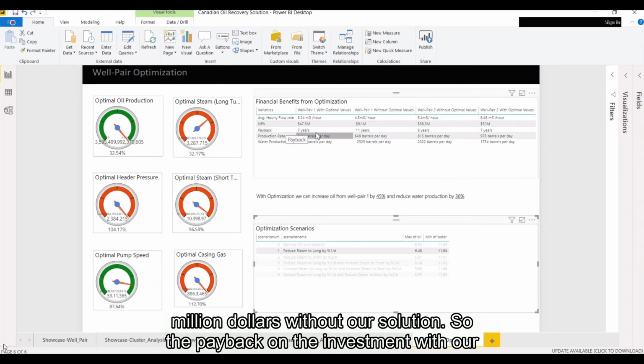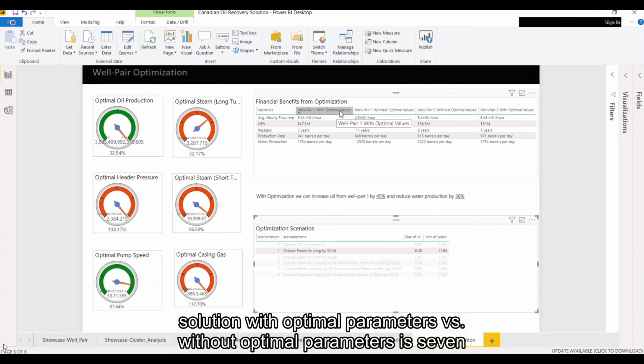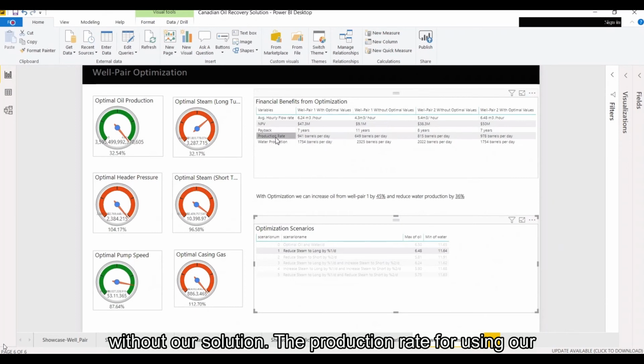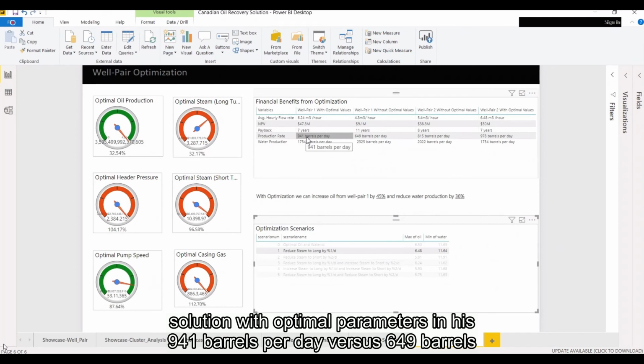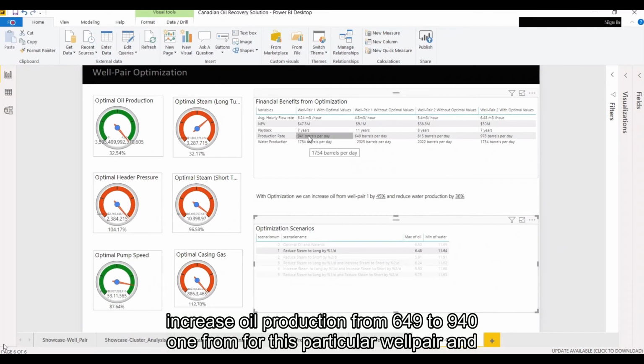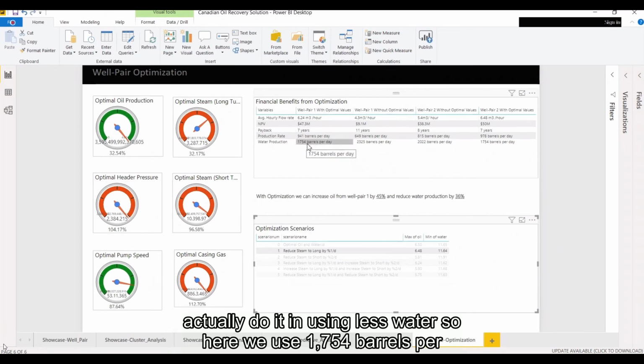The payback on the investment with our solution with optimal parameters versus without optimal parameters is 7 years payback on the investment versus 11 years payback without our solution. The production rate for using our solution with optimal parameters is 941 barrels per day versus 649 barrels per day without our solution. The other interesting thing to note here is that we can increase oil production from 649 to 941 for this particular well pair, and actually do it using less water.